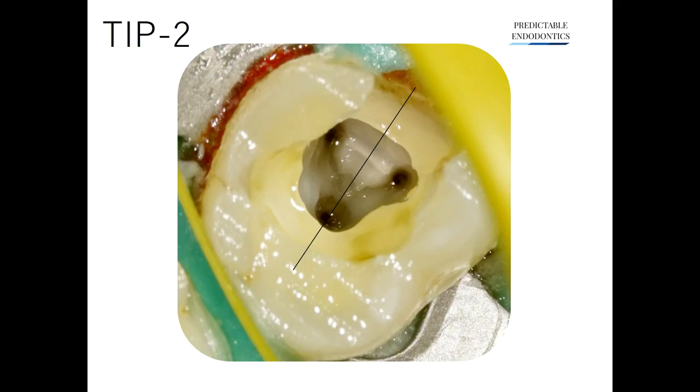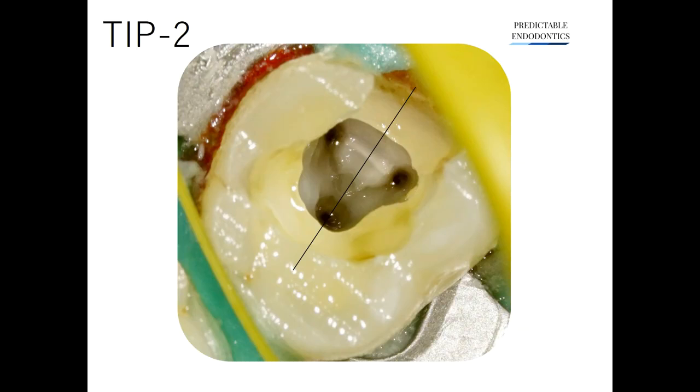This is another law that has been proposed to find out whether a mandibular molar has either a 3-canal anatomy or a 4-canal anatomy. Draw an imaginary line bisecting the line connecting your mesiobuccal and your mesiolingual orifices.